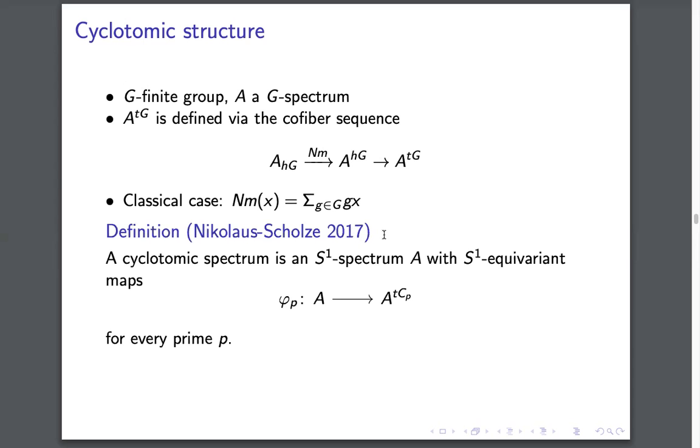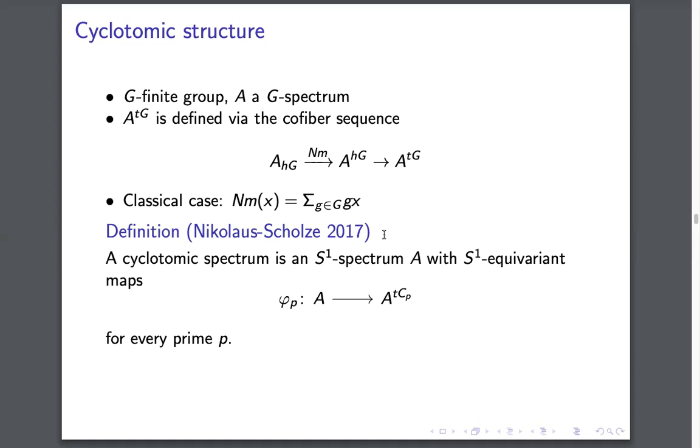What Nikolaus and Scholze did is that they gave a new definition of topological cyclic homology and cyclotomic spectra, which really simplified the definitions of these objects, as well as computations one would do for these things.